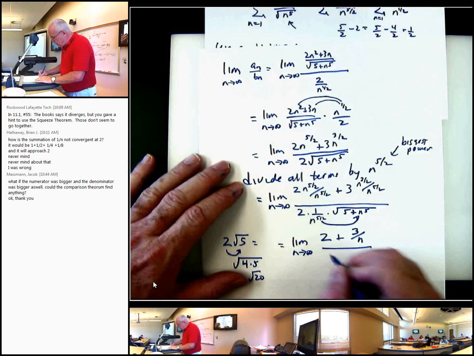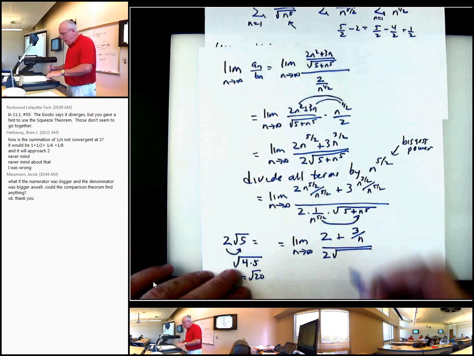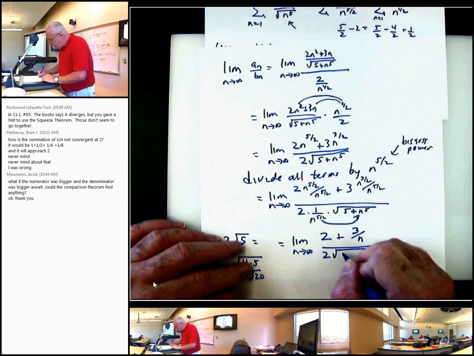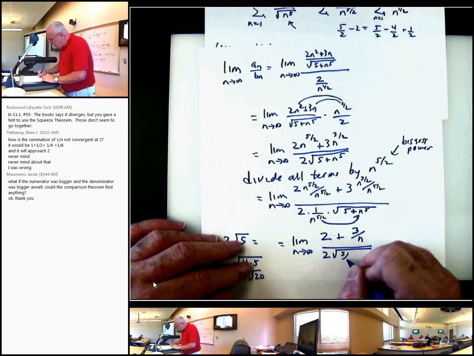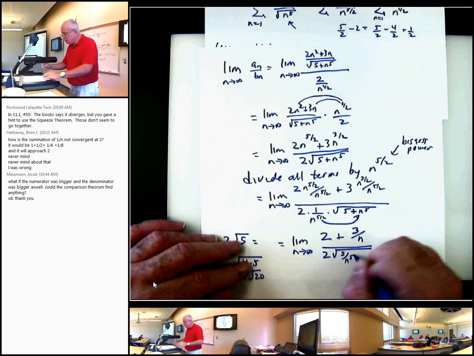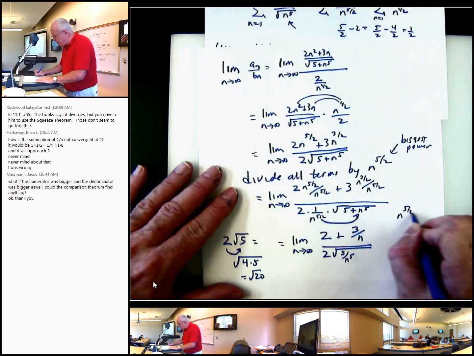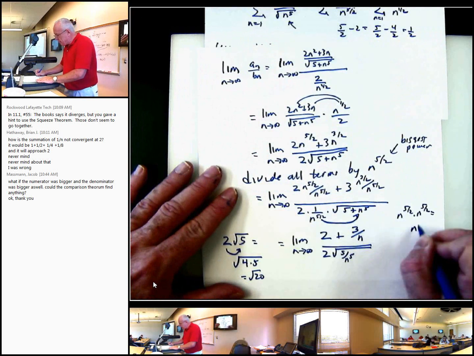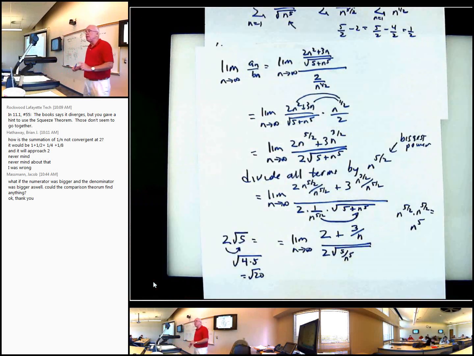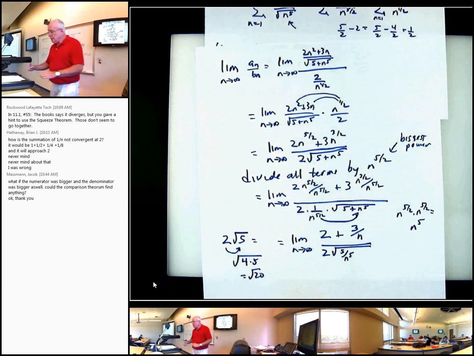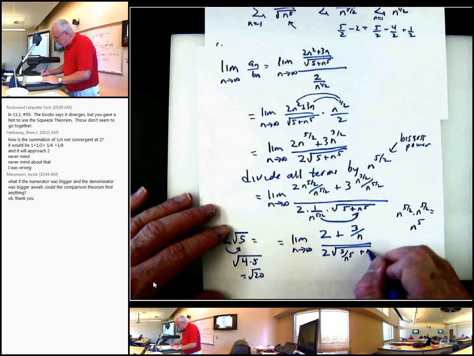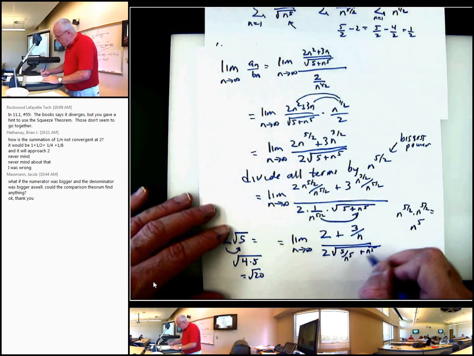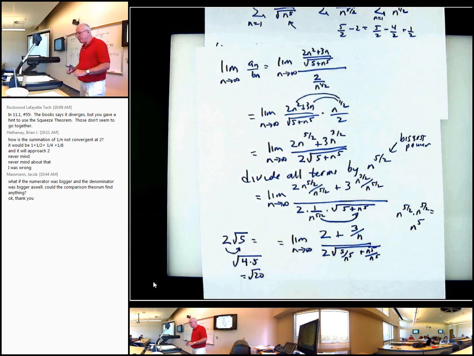Over 2 times the square root of 5 over n to the 5th. So when we square n to the 5/2 times n to the 5/2, we add the exponents, that gives us n to the 5th. Then plus n to the 5th that we already had, also divided by n to the 5th.